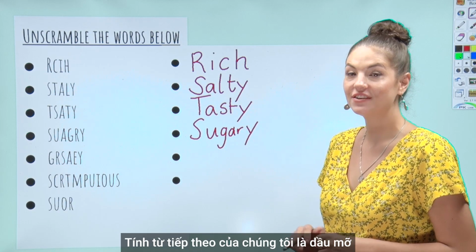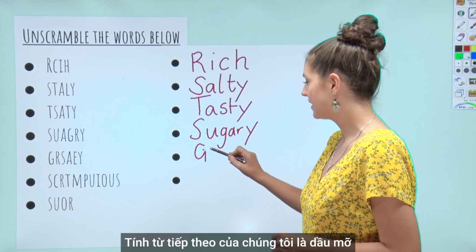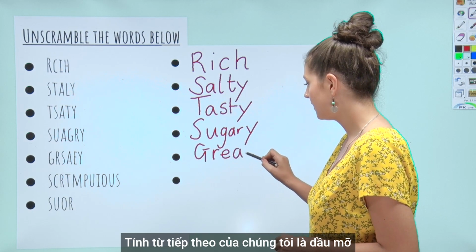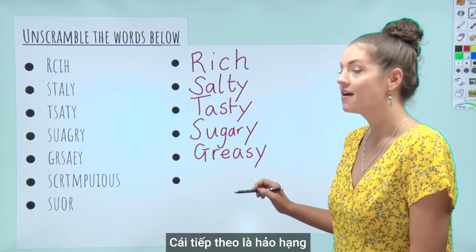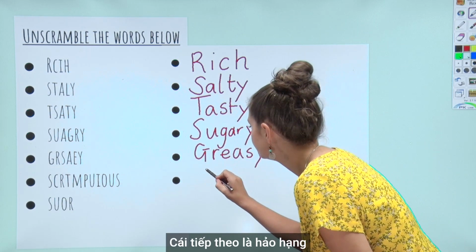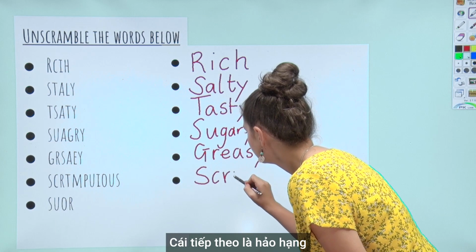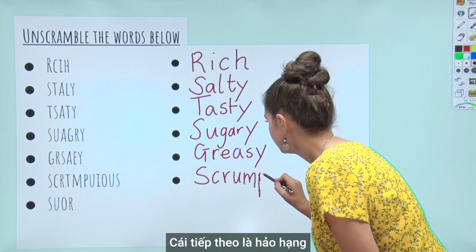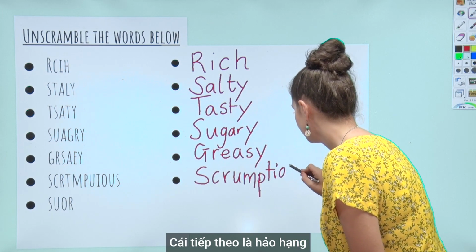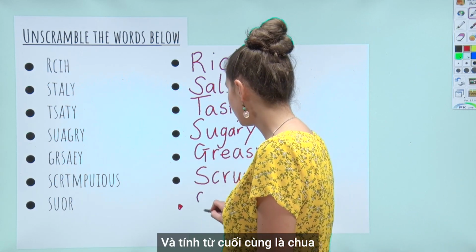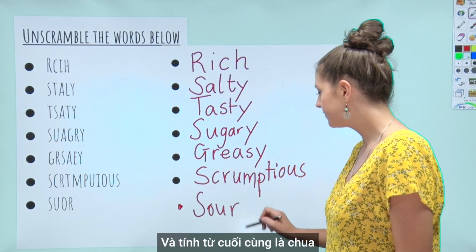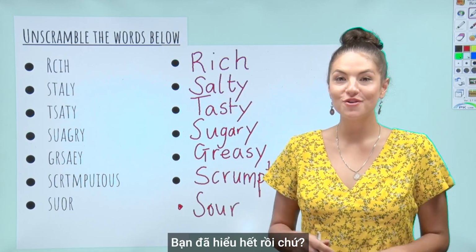Our next adjective is greasy. The next one is scrumptious. And the final adjective is sour. Did you get them all right?